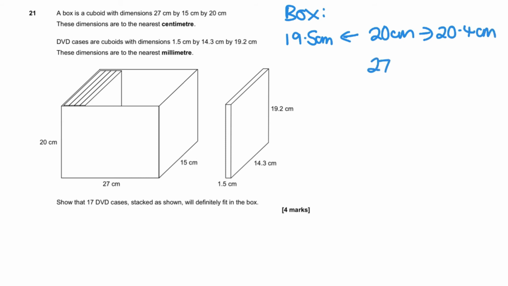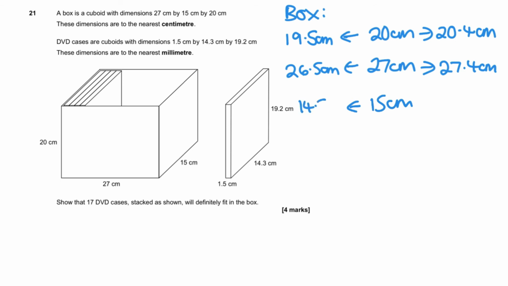The 27 centimetre length: the smallest value it could be is 26.5 centimetres, the largest is 27.4 centimetres. And the 15 centimetre length: the smallest it could be is 14.5 centimetres, the largest is 15.4 centimetres.